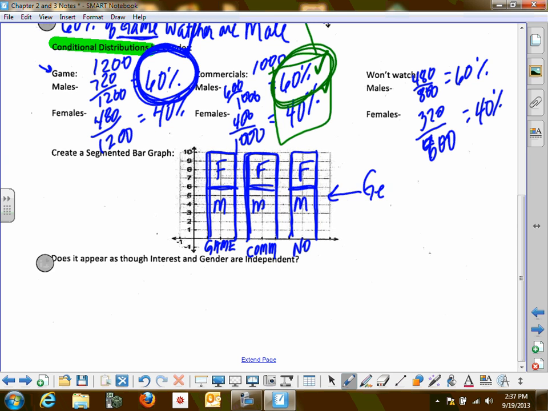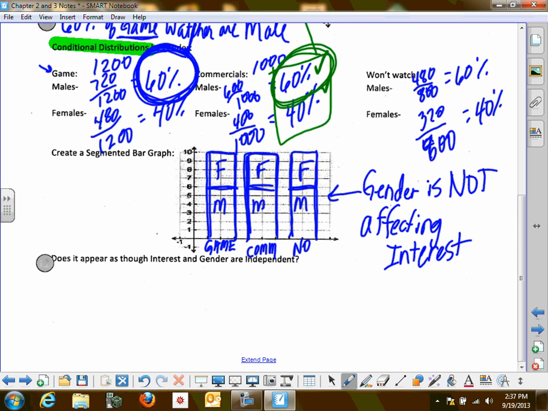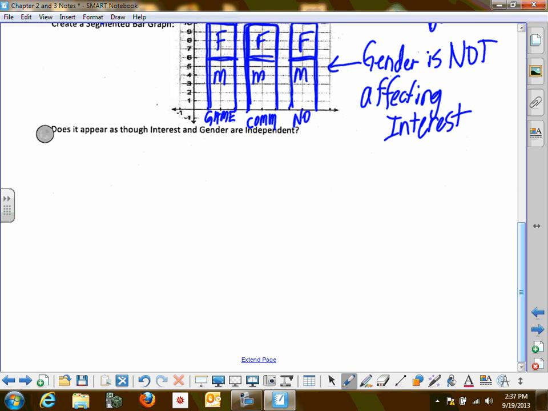Gender is not affecting interest, or choice of Super Bowl activity.